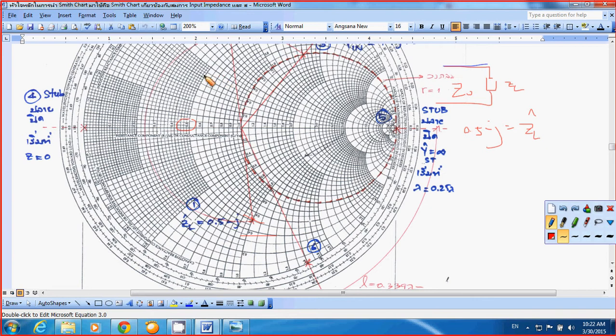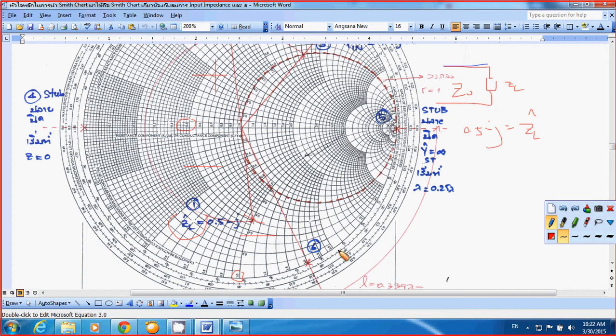As I told you before, the upper part of the Smith chart gives you a positive imaginary part, and the lower part of your Smith chart gives you the negative value of your imaginary part. So where's my negative 1? This is my 1.0. So I have the intercept point at this point, and this gives you ZL normalized.